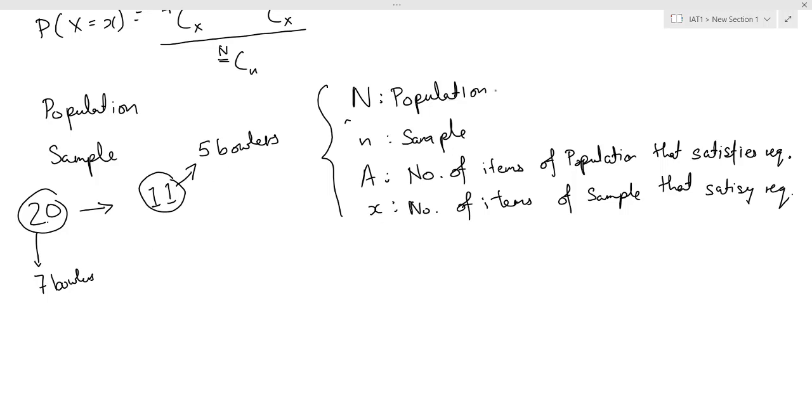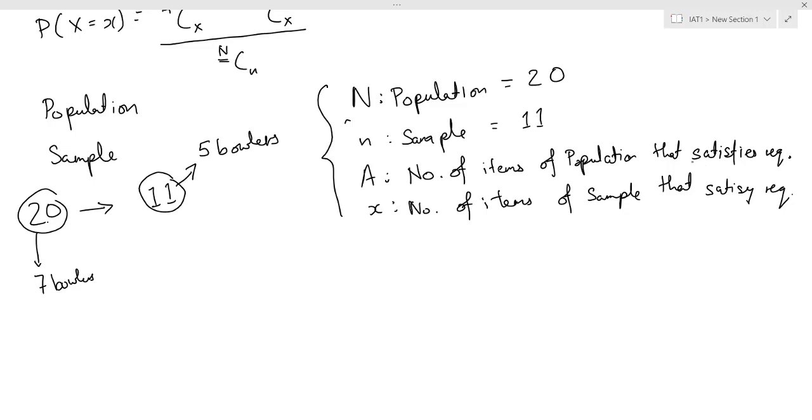What is the population? Population is all the players available to the coach, which is 20. Out of that, how many players are required in our team? Only 11 players are required in our team. Number of items of population that satisfy the requirement: what is our requirement? We need bowlers.